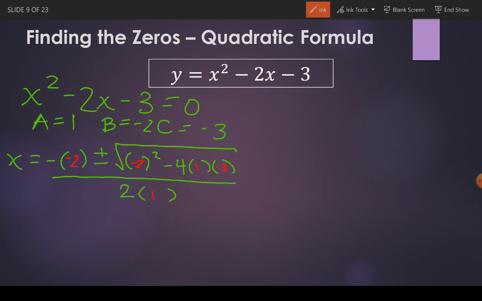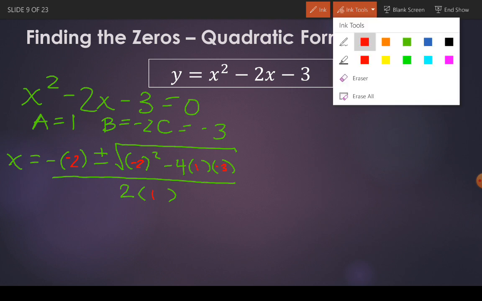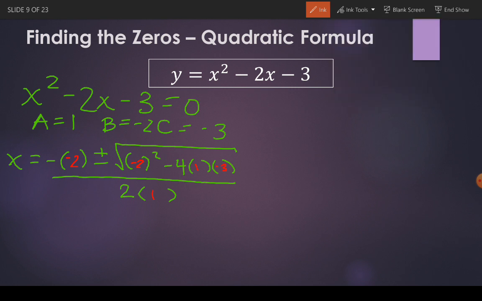Next, we need to simplify. It's important that we simplify everything under our radical first. So let's see, we'll have this equals, so negative times a negative 2 is a positive 2, plus or minus the square root of negative 2 squared is 4, minus 4 times 1 times negative 3, so we'll have a plus 12 all over 2.